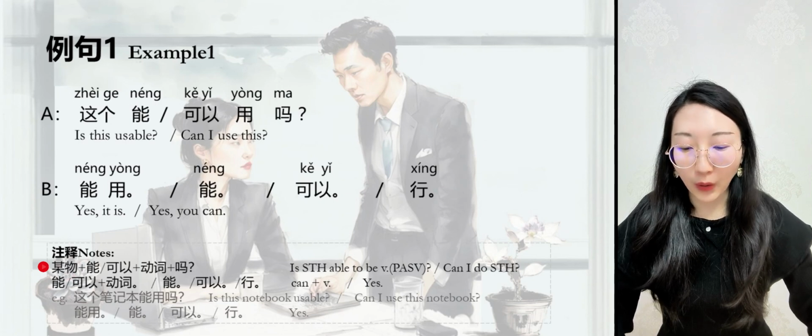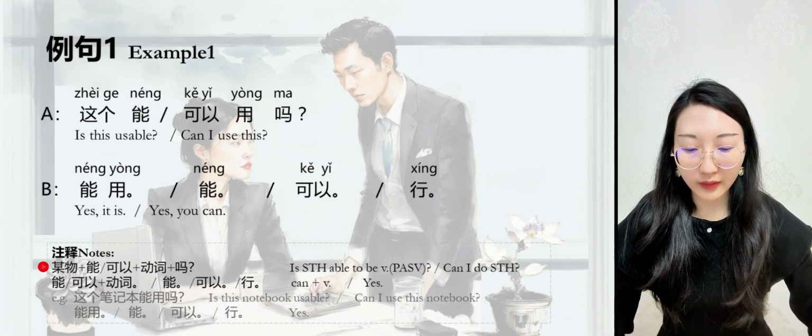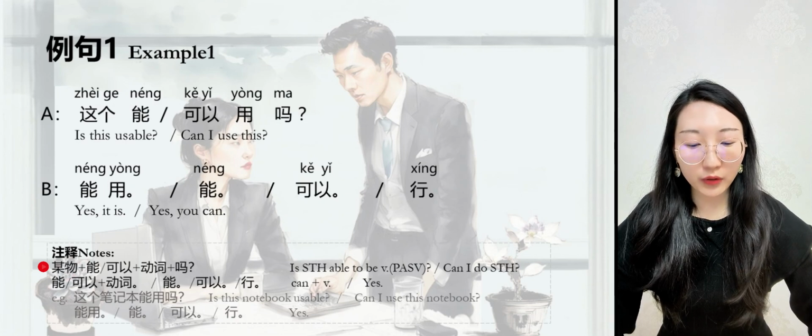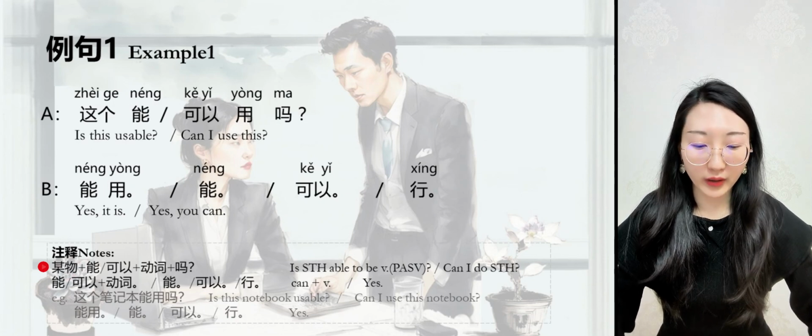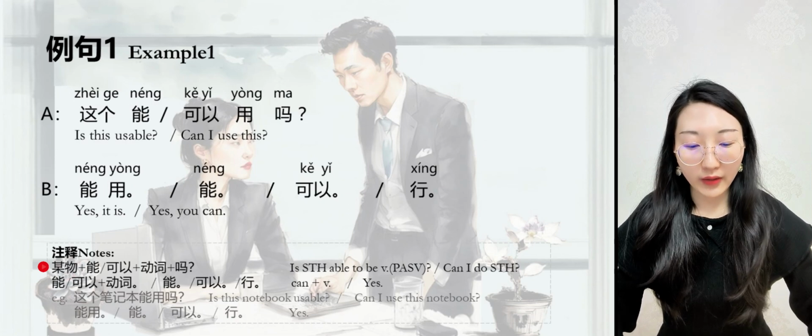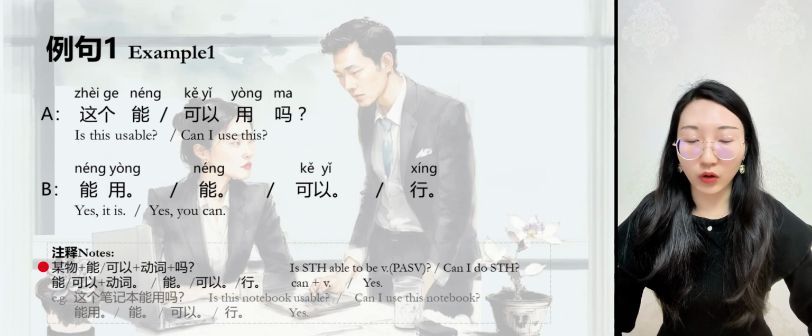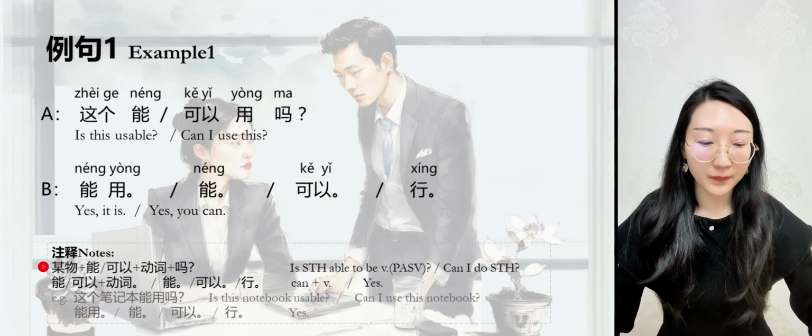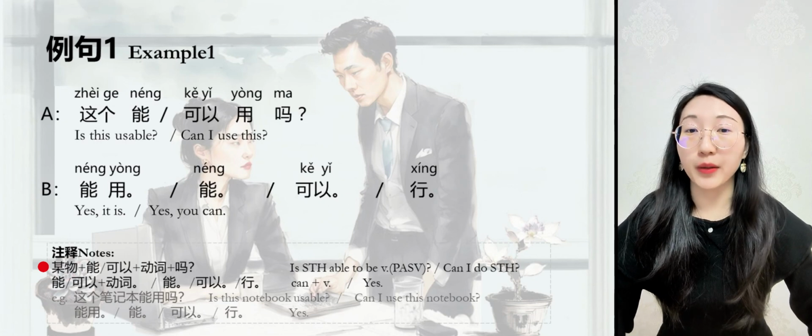Together it's 某物能可以动词吗, is something able to be done, to be eaten, to be used, anyway passive verb, and that means is something available or in good condition to be done, or can I do something.